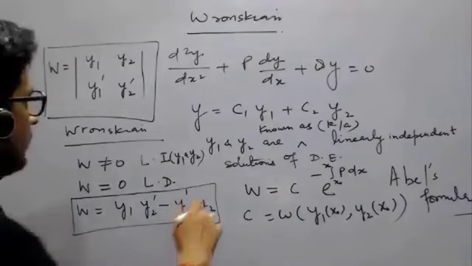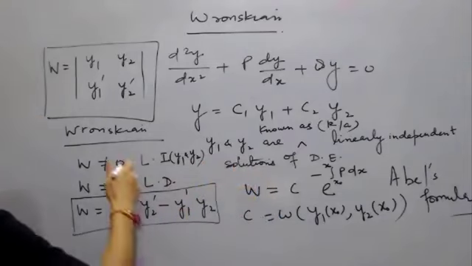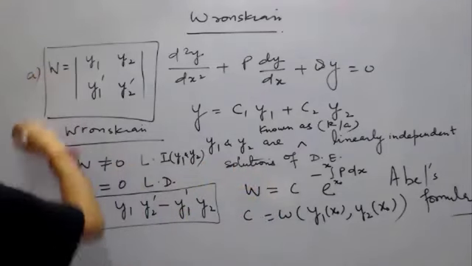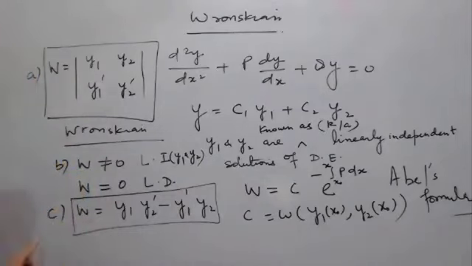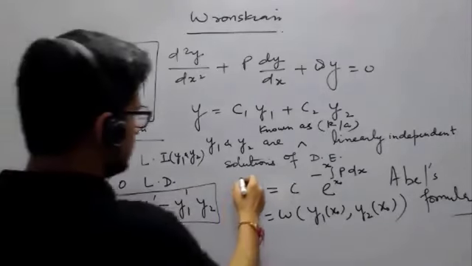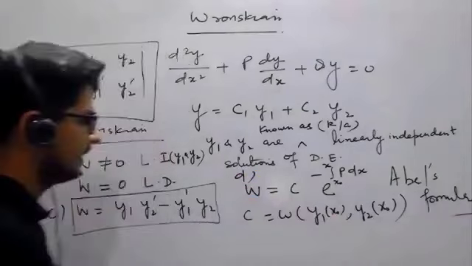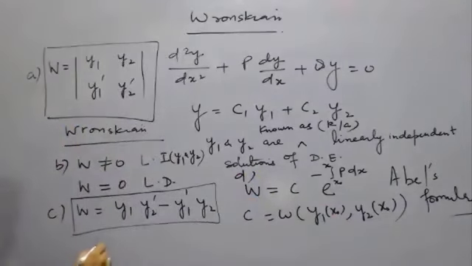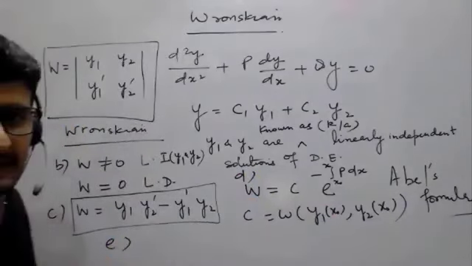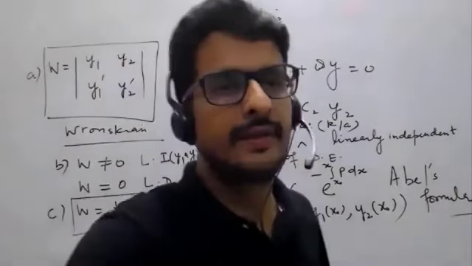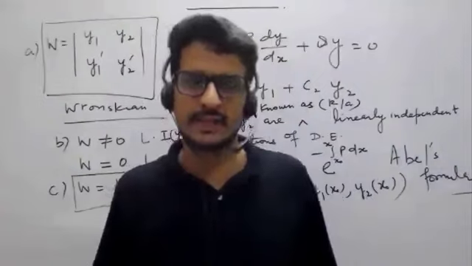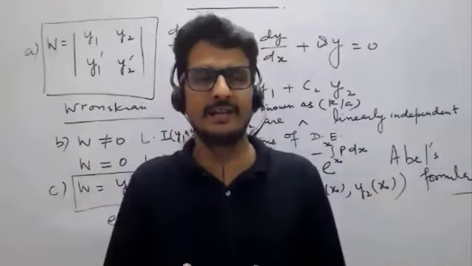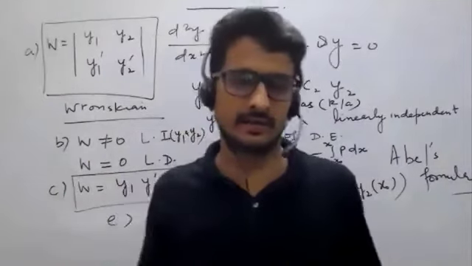So these are important points which I am giving you. This is number 1, A. This is B. This is C. This is very important. This is D. This is very important. And E is that if one independent solution is known and Wronskian is known, you can write the other solution.